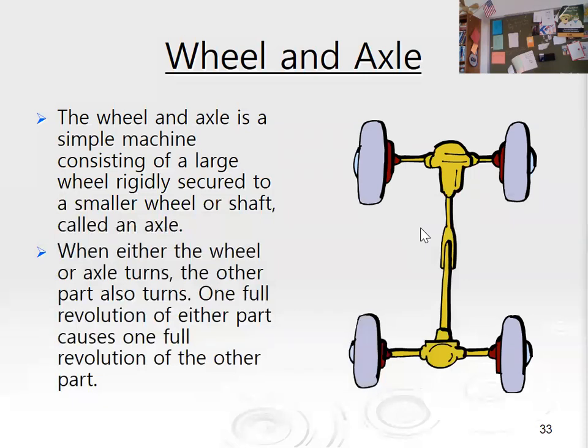That made it to there. That made it to there. Which one had the greater mechanical advantage? The one that went further, didn't it?